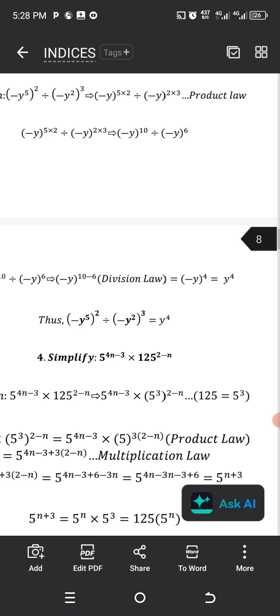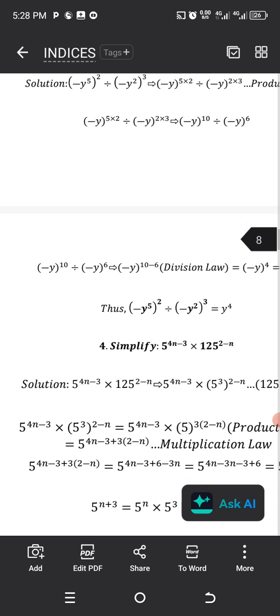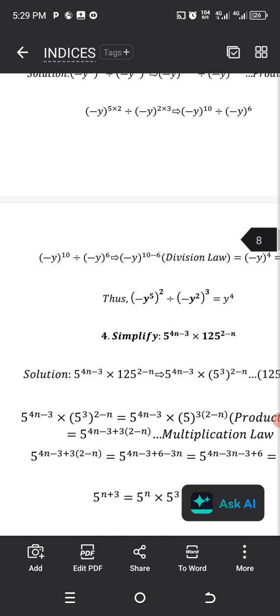When you apply y raised to power 10 divided by y raised to power 6, applying the division law, you have y raised to power 10 minus 6, which is y raised to power 4, all the same. And we can still follow this process: minus y inside parentheses, everything raised to power 10, divided by minus y inside parentheses, everything raised to power 6.